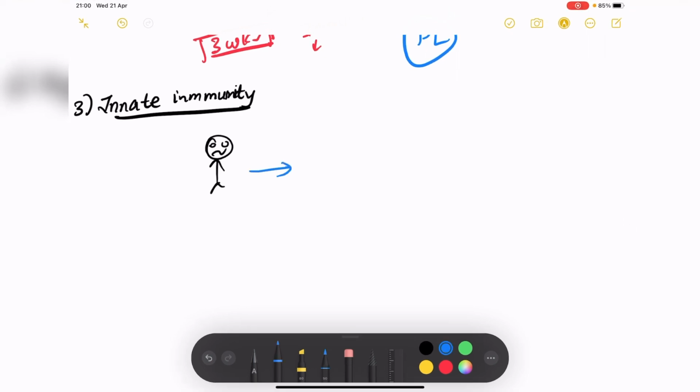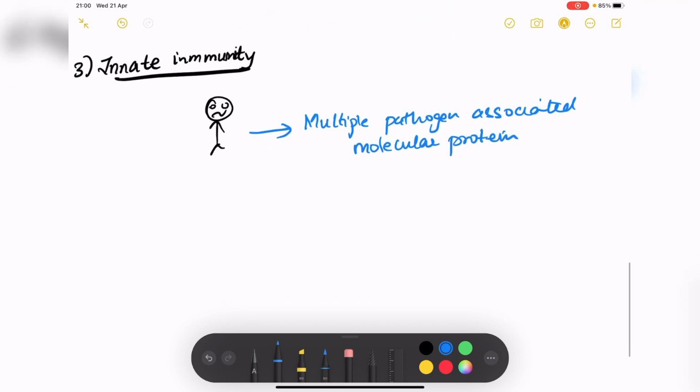It produces something called multiple pathogen associated molecular proteins. Let's remember them as MP, AMP, that is MPAMs.